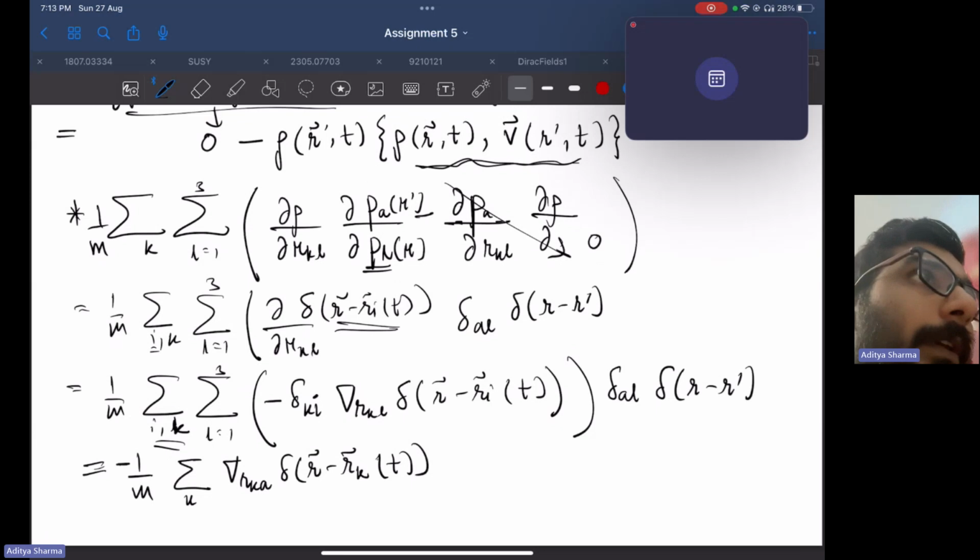So you're going to have, you can put an R prime here, you can put an R prime here, and you can put R_k there, and you're going to find a rho.